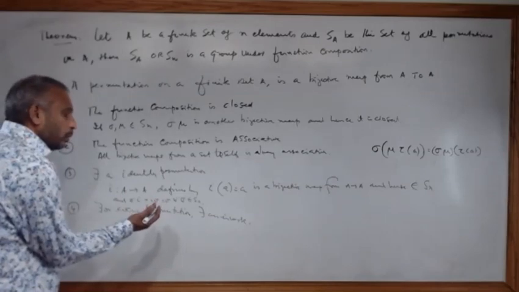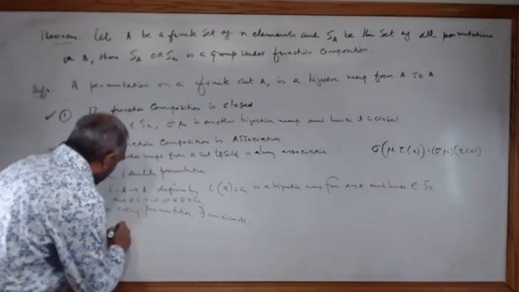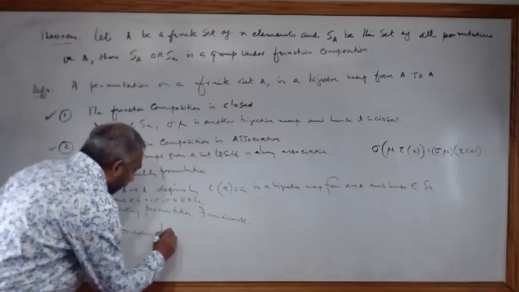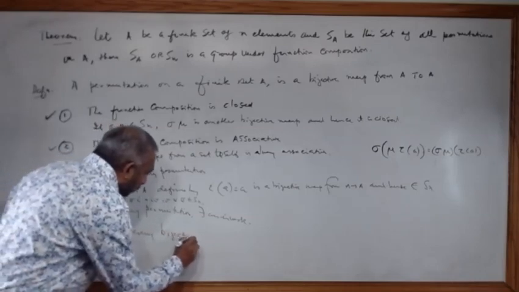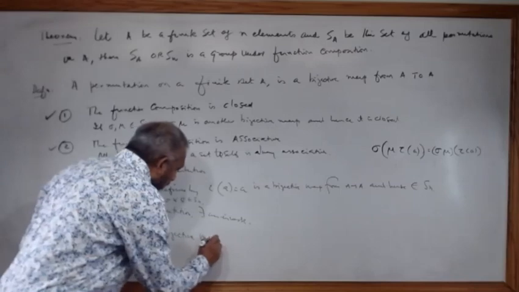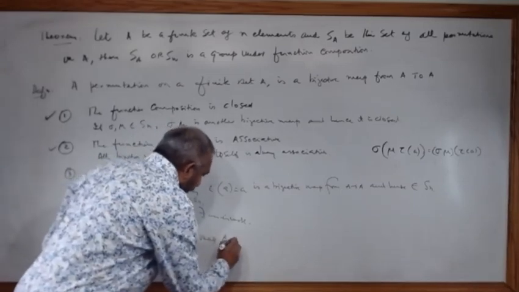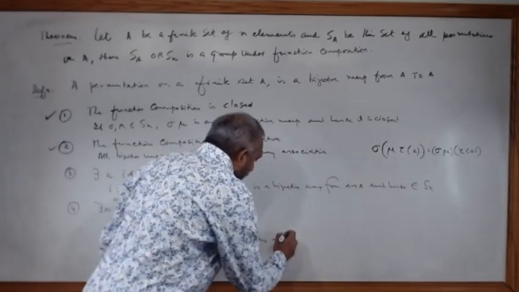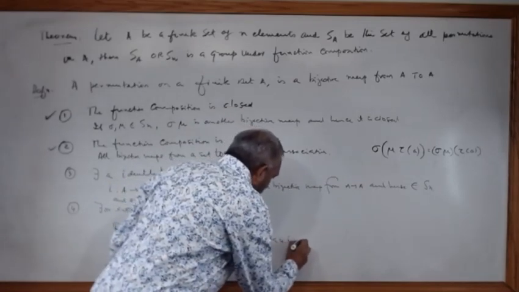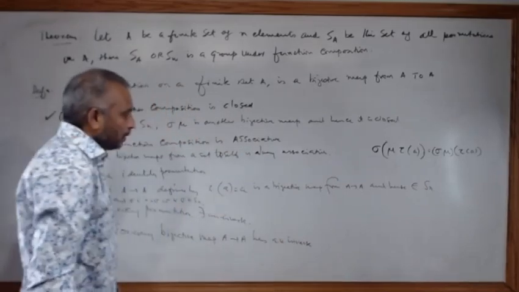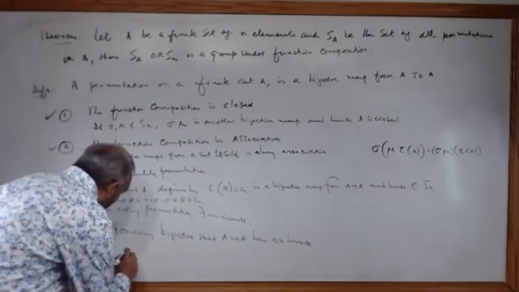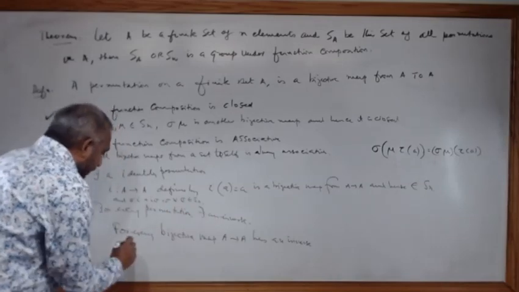That is also trivial because every bijective map from a set to itself has an inverse. How do you define this?